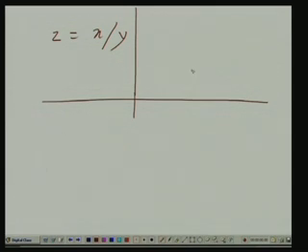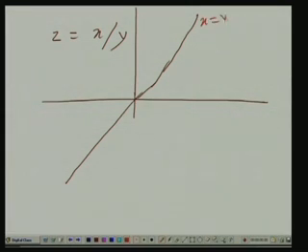If Z is negative, it will have a negative slope. I just take Z to be positive here for convenience; it does not change anything. So what is this equation? This equation is x equal to y Z, some capital Z.